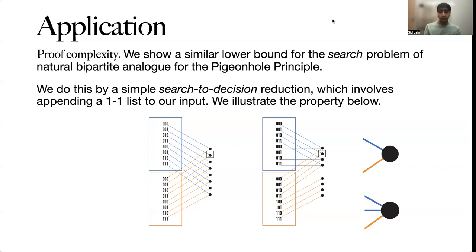So the crux is that if we use the structure of collision to permute our input in such a way that the algorithm which solves the pigeonhole principle problem outputs a random collision, then we can detect these blue to blue collisions with decent probability, which helps us solve our decision problem.